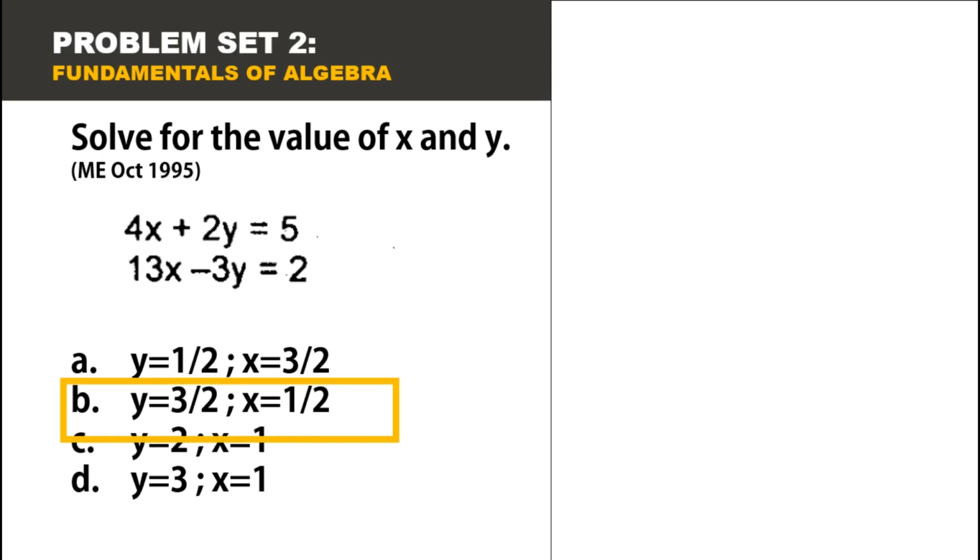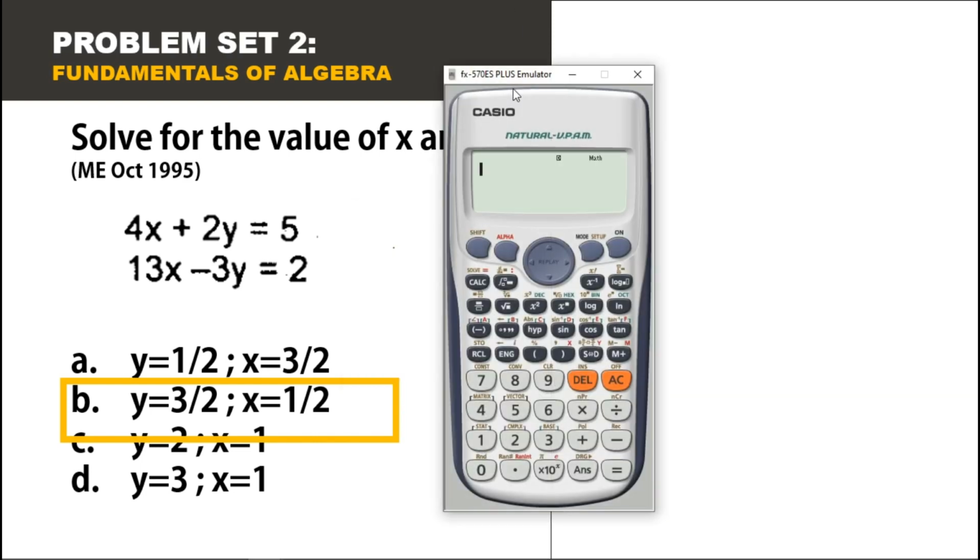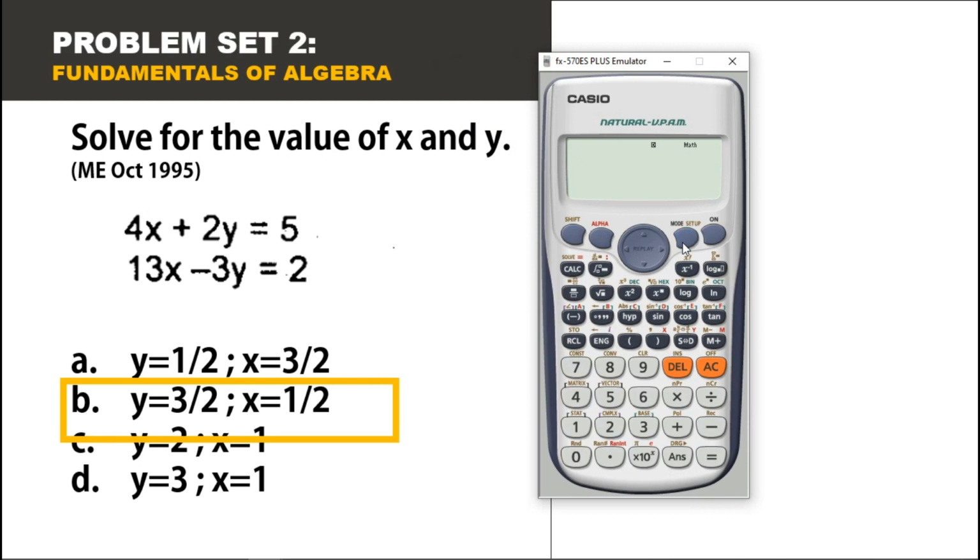We can also use our calculator technique to solve this. In our calculator, we go to mode equation 5. As you can see, you have a sub n x plus b sub n y equals c sub n. The form is ax plus by equals c, so this form is already correct. We can input the coefficients.